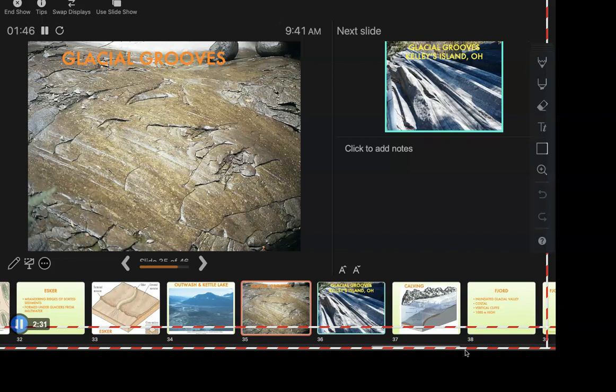It might be a little hard to see what we're concerned about in here, but you might see some lines, some striations, some bright spots moving across the screen from the upper left to the lower right. These are what's called glacial grooves.